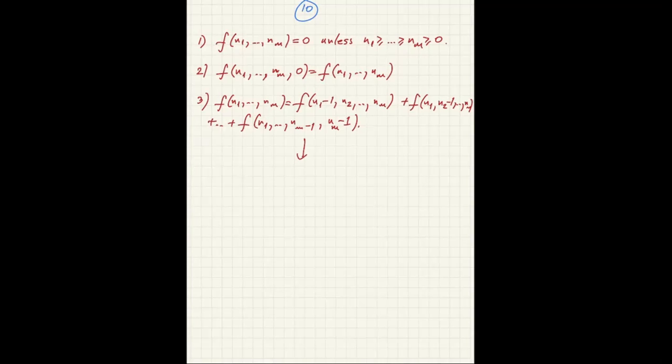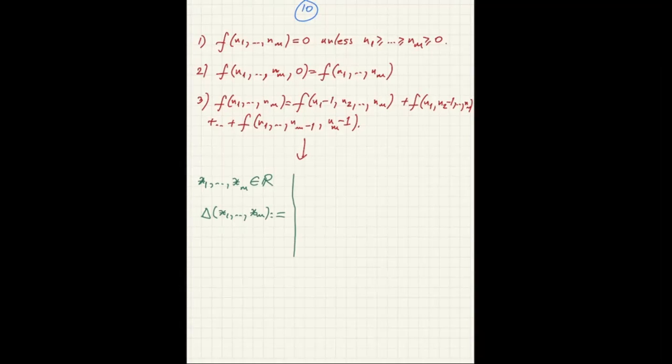To describe this formula, I need to introduce a Vandermonde determinant. Let's say we have x1, up to xm, you can take them real or complex numbers, it doesn't matter. We define this determinant delta of x1 through xm as follows.